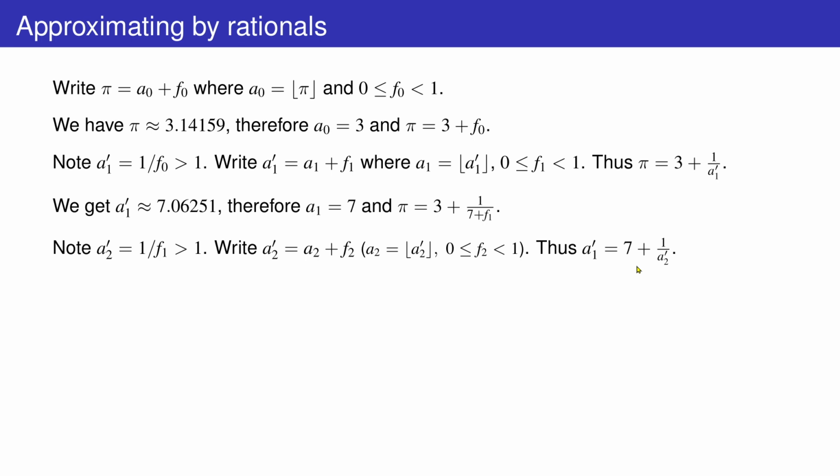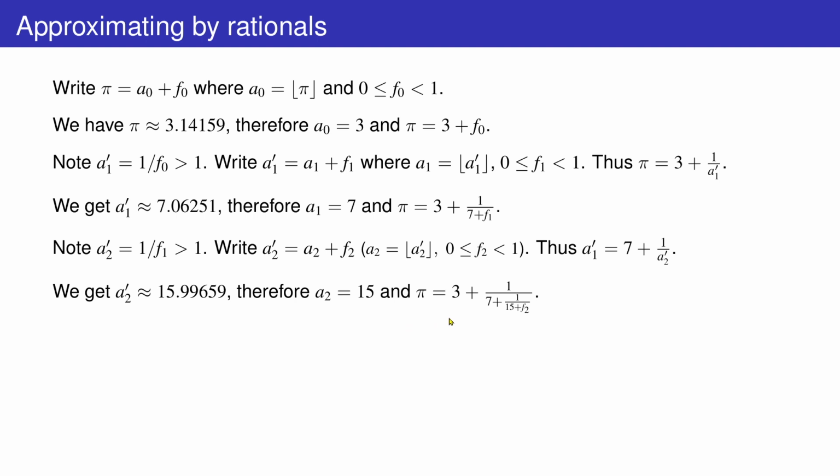Well, again, calculating based on the fact that f1 is a1 prime minus its integer part, and then we take its reciprocal. Use the calculator to calculate that as 15.99659 approximately, and so we see its integer part is 15.